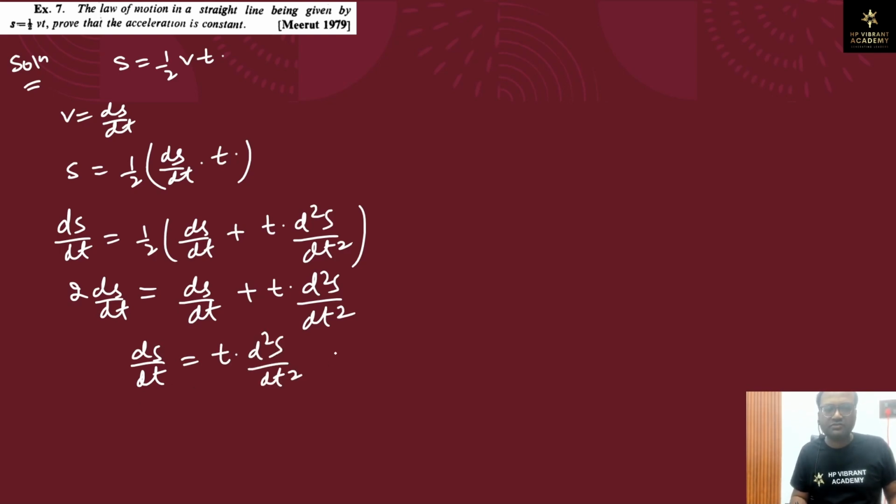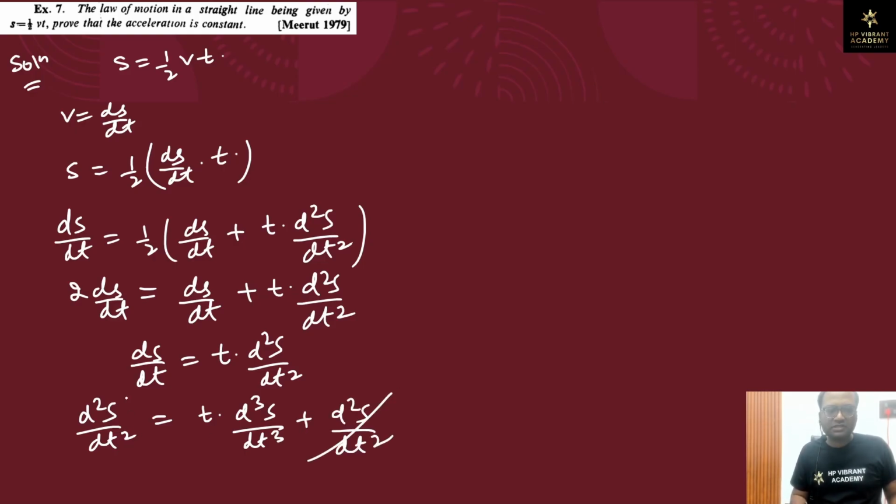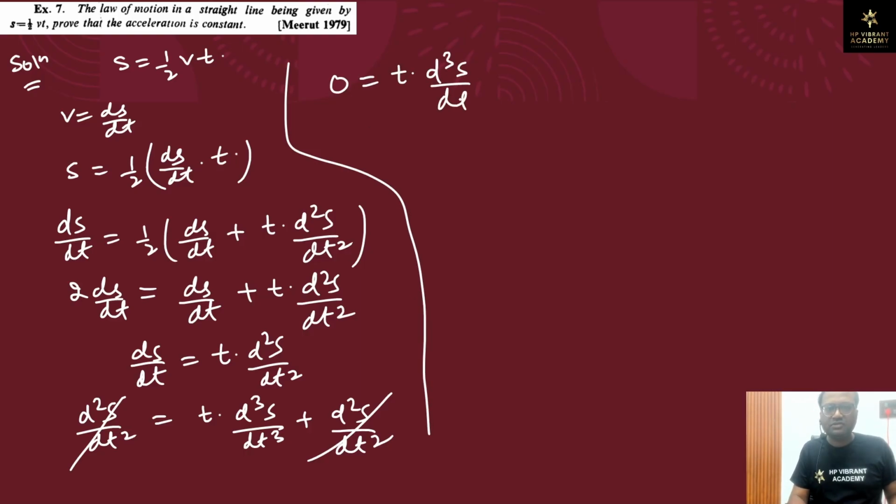Let us differentiate this once more. d2s upon dt square is equal to t times d cube s upon dt cube plus d2s upon dt square. This gets cancelled. So we have 0 is equal to t times d cube s upon dt cube. So from here d cube s upon dt cube is equal to 0.